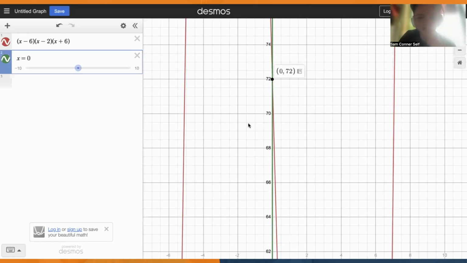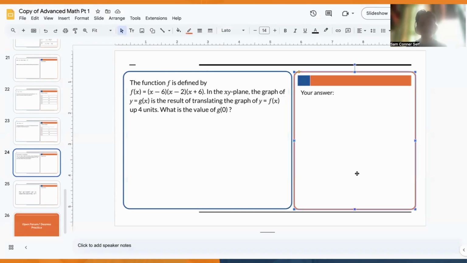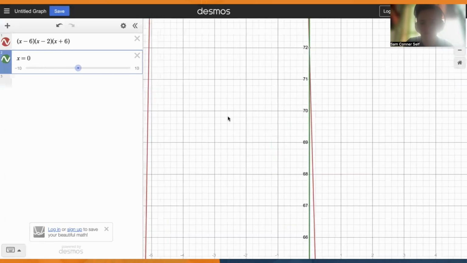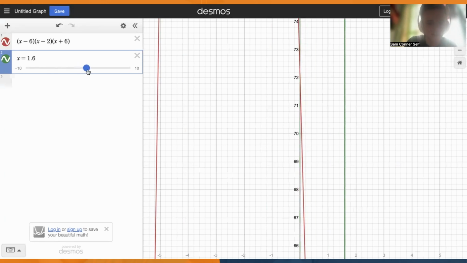That's going to be at 0, 72. And then if you translated that up 4 units, then it's going to be 76. And again, the easiest way to do this is probably just looking and plotting on Desmos.